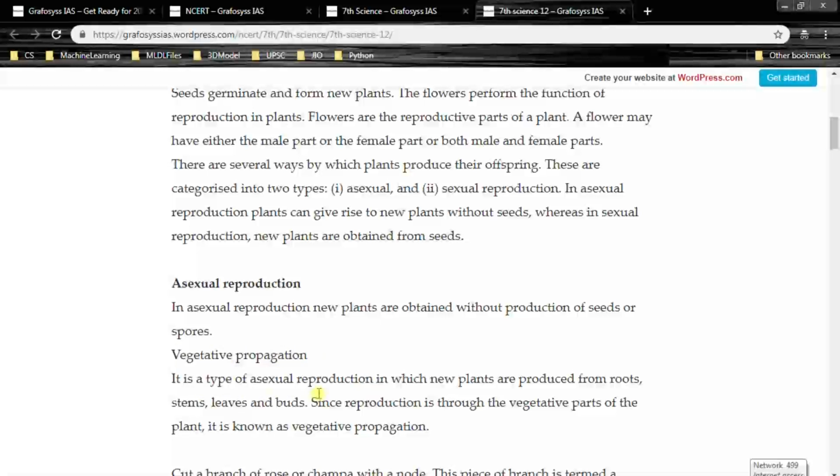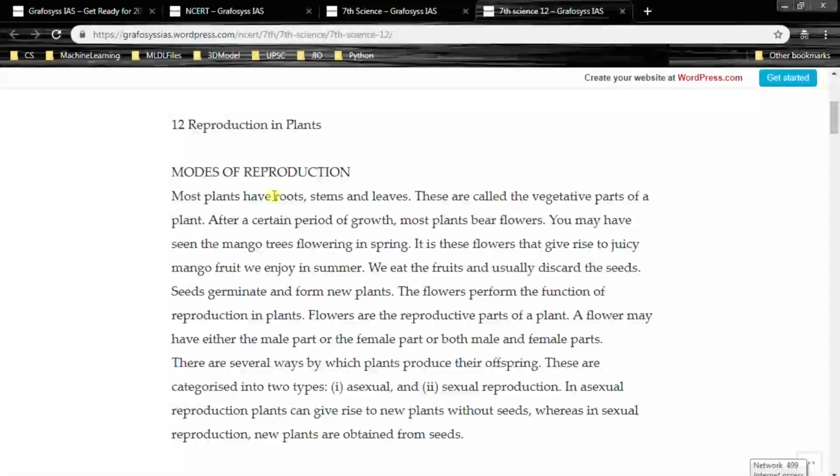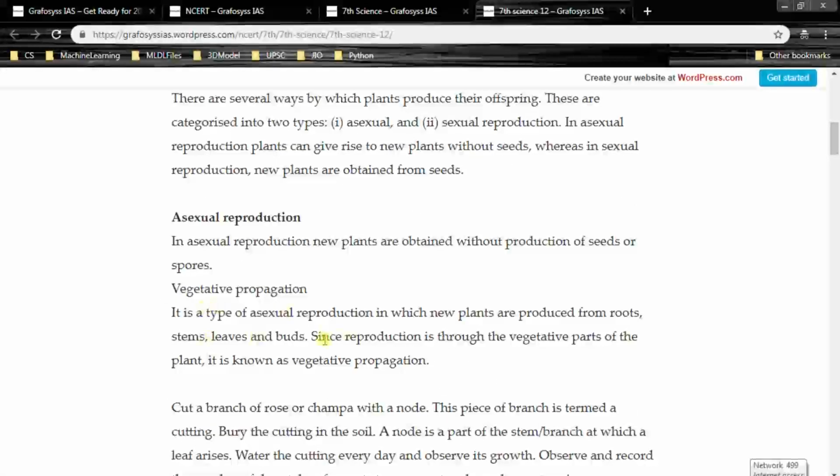It is a type of asexual reproduction in which new plants are produced from roots, stems, leaves and buds. Since reproduction is through the vegetative parts of the plant, it is known as vegetative propagation. We saw what are vegetative parts. Those are roots, stems and leaves, right? So here vegetative propagation.